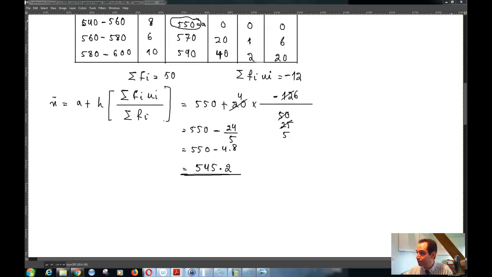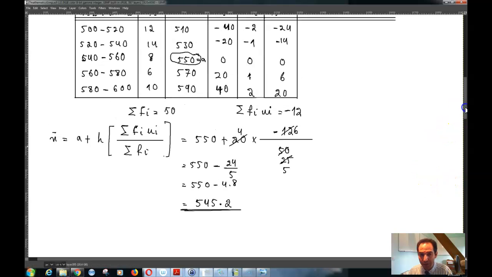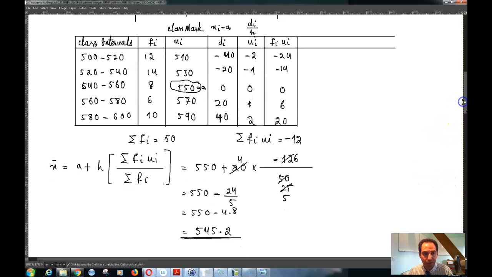And that was example number 2. 545.20 is the average salary, meaning that every worker gets on average 545.2 rupees.